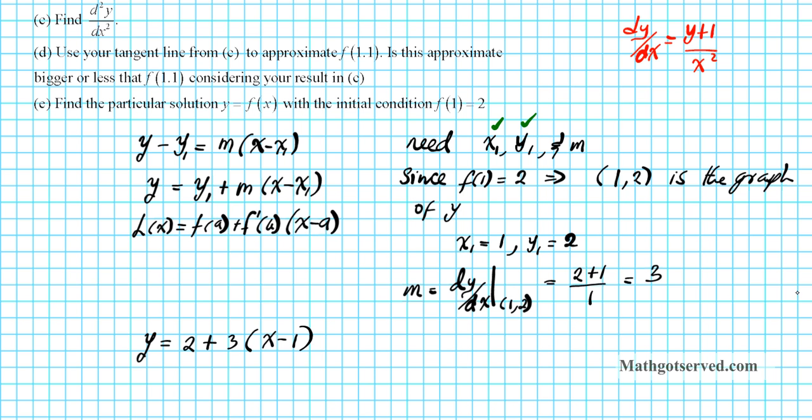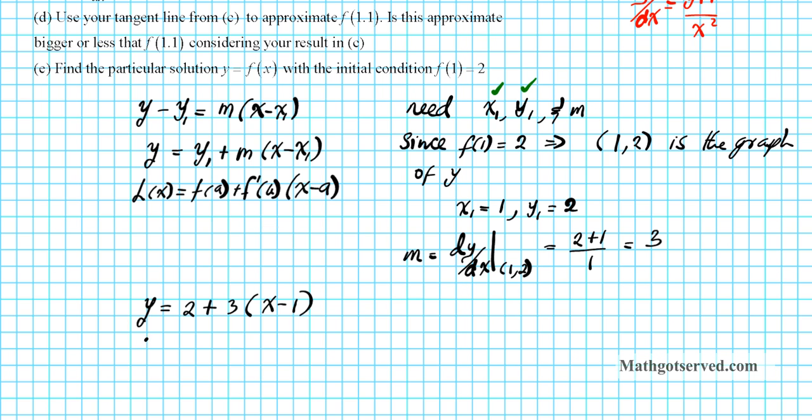If we simplify that, we're going to have y equals 2 plus 3x minus 3, which implies that y is equal to 3x minus 1. So there goes the equation of our tangent line. It can also be used to do the linearization as we'll be doing in part D. Okay, so that's that. Now let's move on to question letter C.